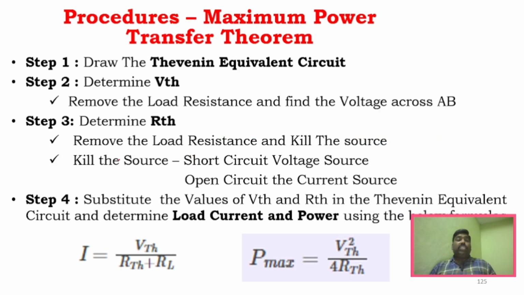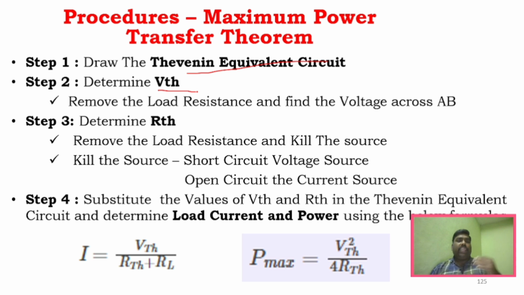So these are the procedures to solve. First step, you have to draw the Thevenin equivalent circuit, and then you need to find VTH. You know how to find VTH, right? If you don't understand this, please go through the previous video on Thevenin's theorem, where I have explained how to find VTH and how to find RTH.